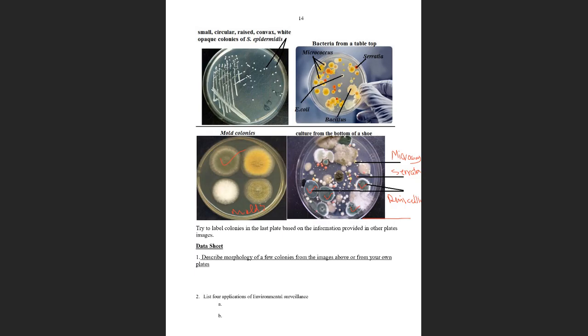This is Penicillium. This is Penicillium. This one is Penicillium. This is a different mold. This is another mold. Different. This is also Penicillium. Okay, so how do you distinguish a Penicillium colony? Based on the color, size, texture, just like you do for bacteria.